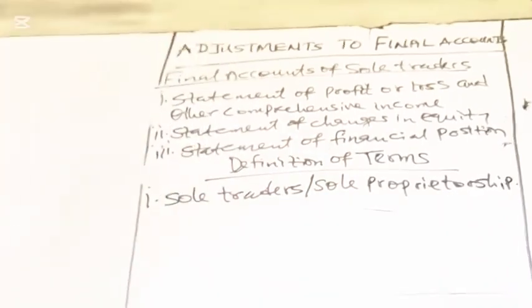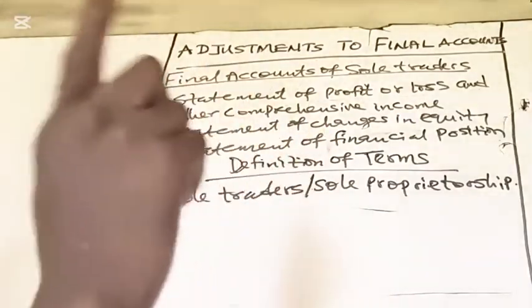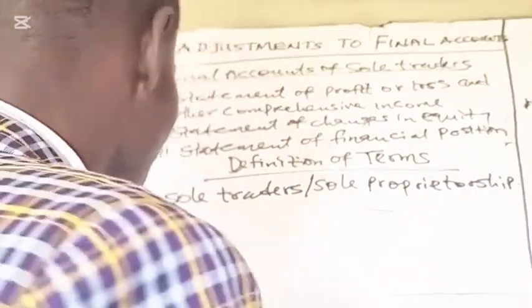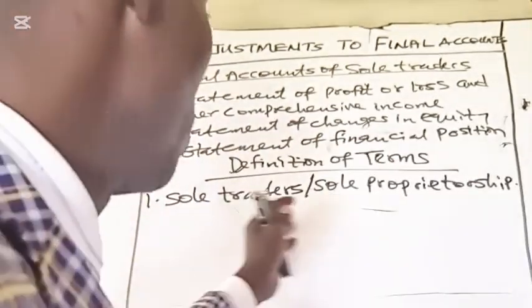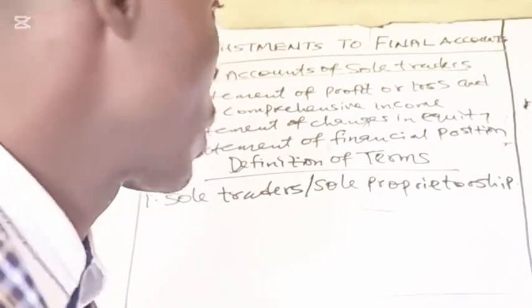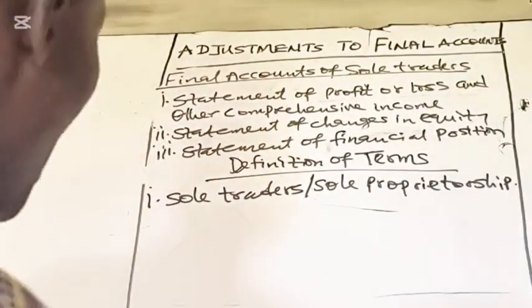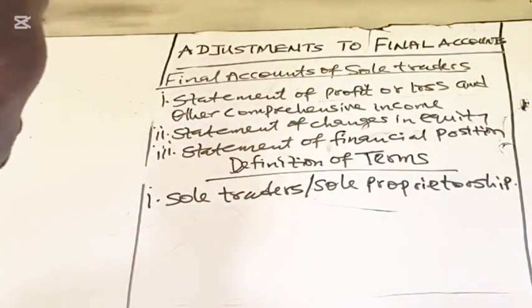Any business that is owned and managed by a single person is said to be a sole trader, or a sole trade business, or sole proprietorship. But our focus is the final accounts of a sole trader.